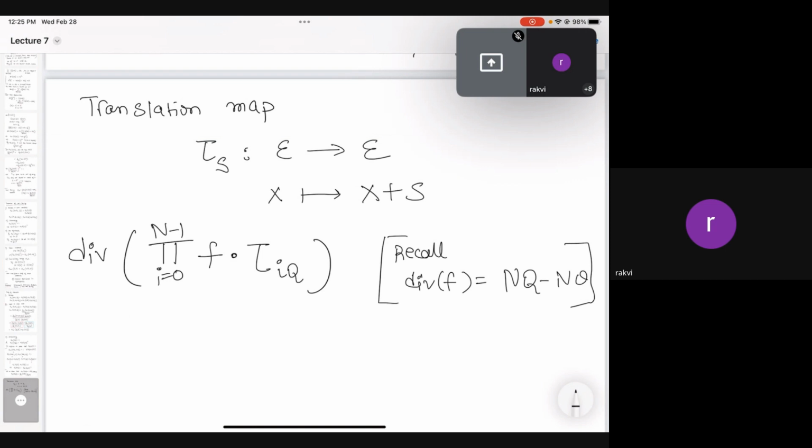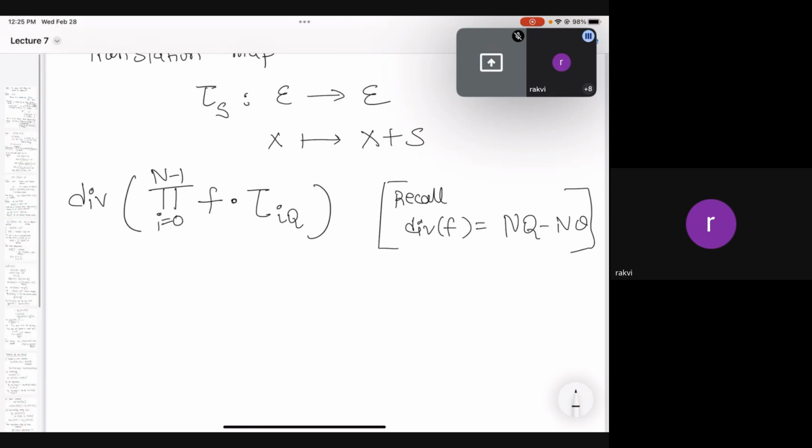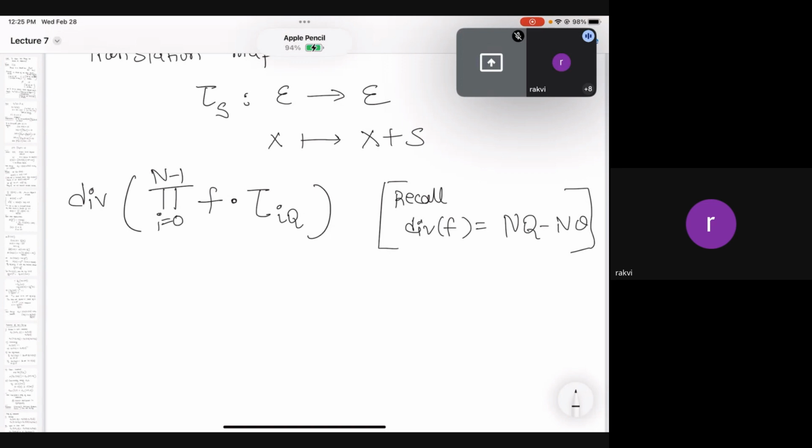Okay, so this is a product, and there are n terms, so it's complicated. We can look at one at a time. The divisor of a product of functions is the sum of the divisors. That follows because the divisor of a function is nothing but the collected information about its poles and zeros. If I multiply two functions, the orders of the zeros get added up, and likewise for poles.